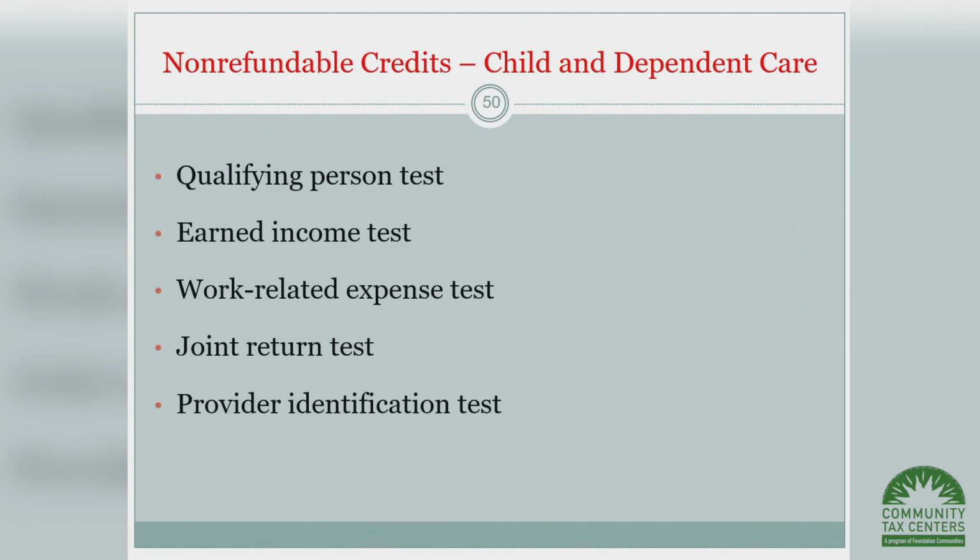So how does someone claim this credit, or what are we looking for when it comes to receiving this credit? For a qualifying person, they have to meet certain criteria in order to be claimed on the tax return for the dependent care credit. They have to meet the income test, they had some form of income, they had work-related expenses, there's a joint return, and they provide the identification information in order to receive this credit, because that's important.